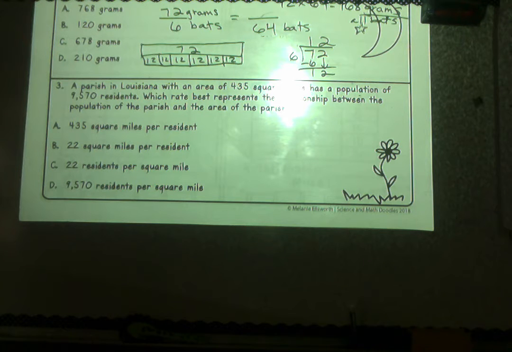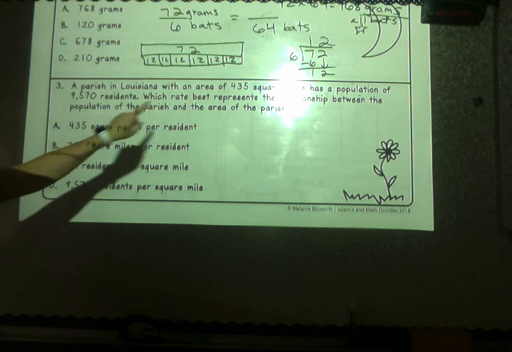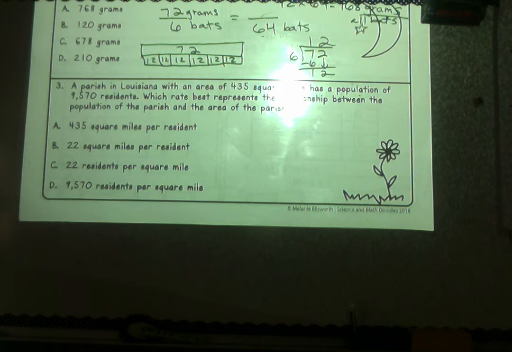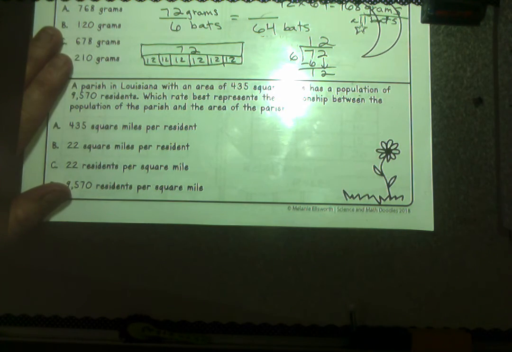So a parish in Louisiana with an area of 435 square miles has a population of 9,570 residents. Which rate best represents the relationship between the population and the area? So what does our ratio look like? What's on top?